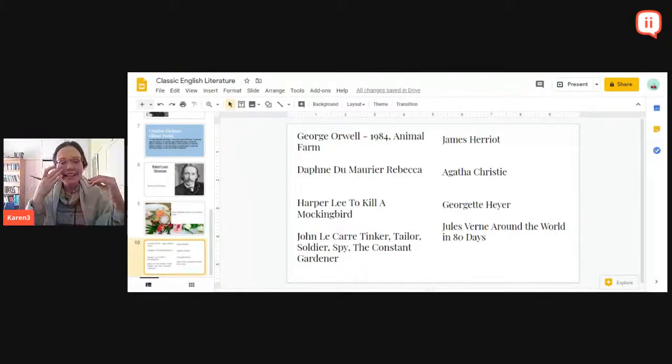John le Carré writes spy stories. Okay, he was actually a spy. So then he started writing spy stories, and he made them very popular. Tinker Tailor Soldier Spy was probably one of his first ones, one of his most famous ones. And it's actually about the story of the Great Betrayal in England. There were two top people in the spy agency in MI6 or MI5 who were traitors, and they went to Russia.